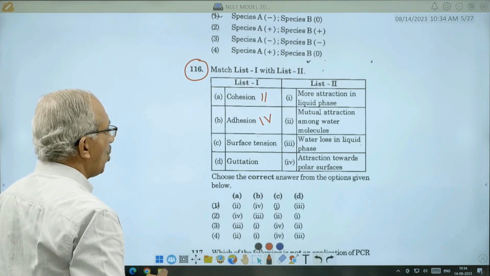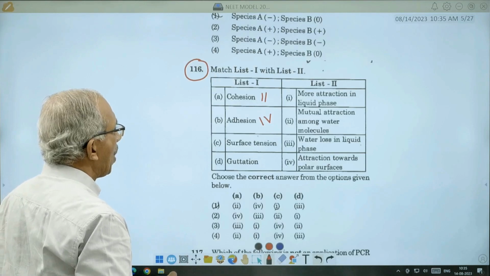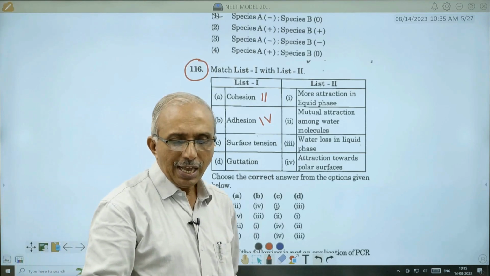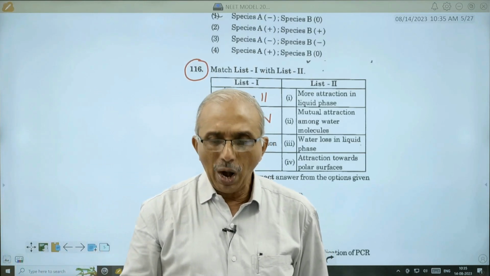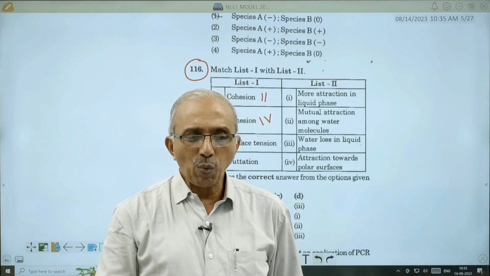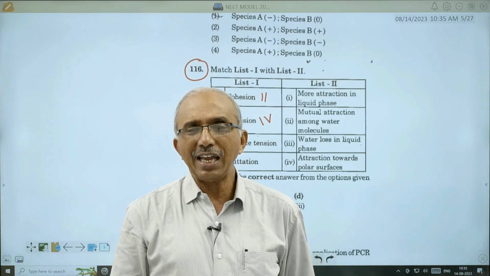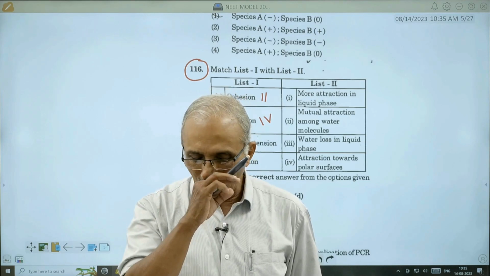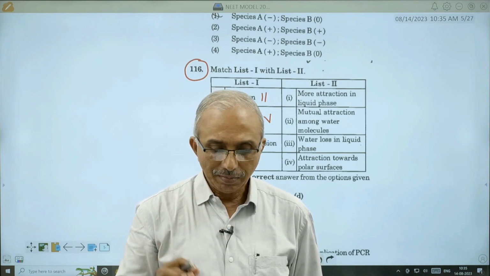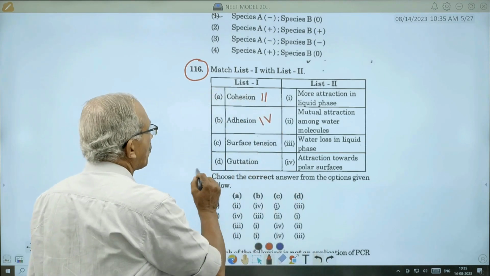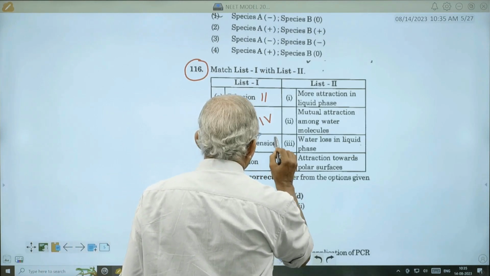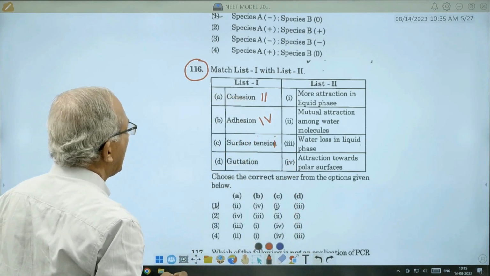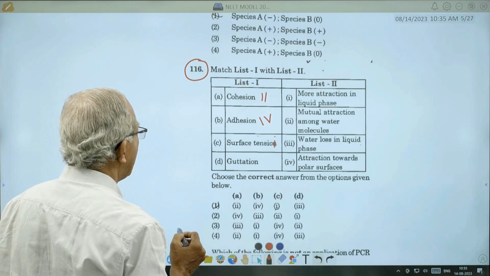That means cohesion is attraction between water molecules, and attraction between water molecules and the wall of tracheary element is called adhesion. Then surface tension is more in liquid phase.